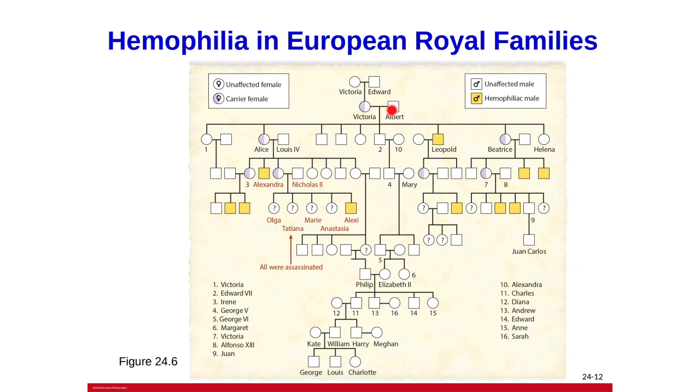Okay, now she married Albert, and they did have a Leopold, a hemophiliac male son. So he got the disease. It's a recessive X-linked gene. Now, if we go on, you'll see that she had some daughters.